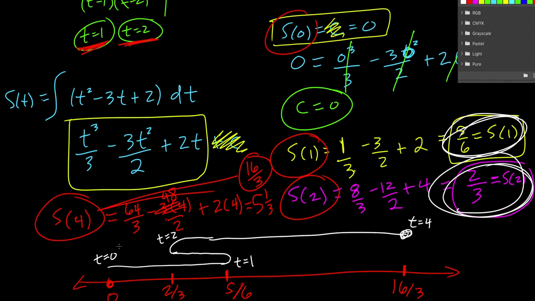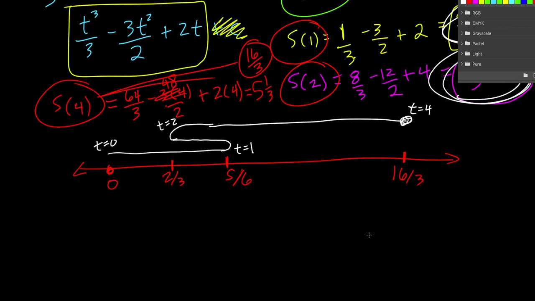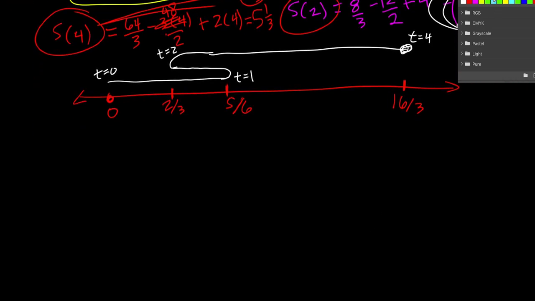Now, what we need to do is take the distance from here to here, add it to the distance from here to here, and then the distance from here to here. Let me get some more room. From here to here is 5/6.